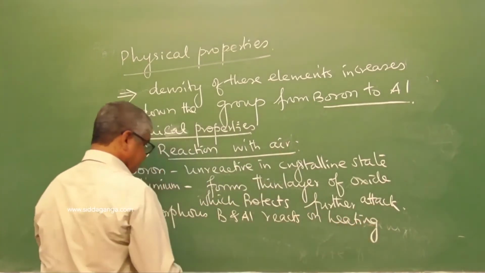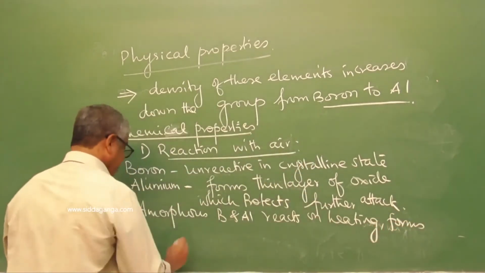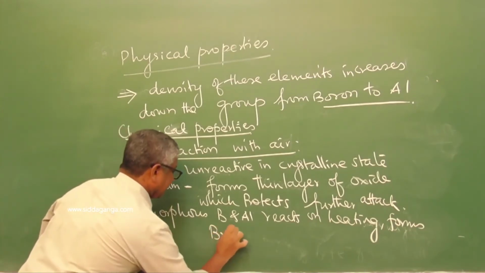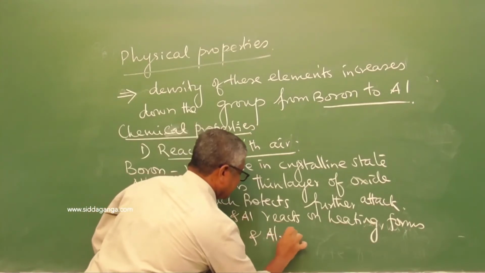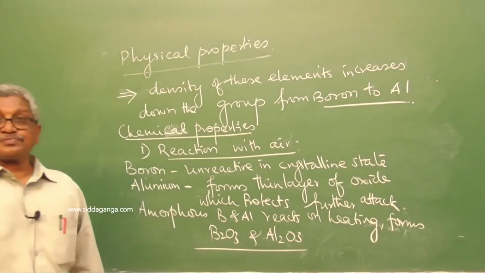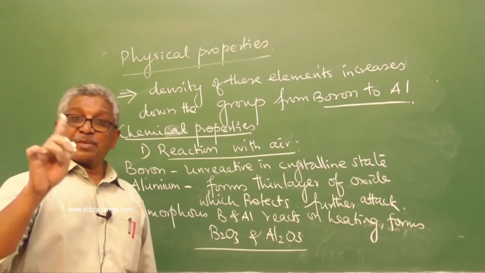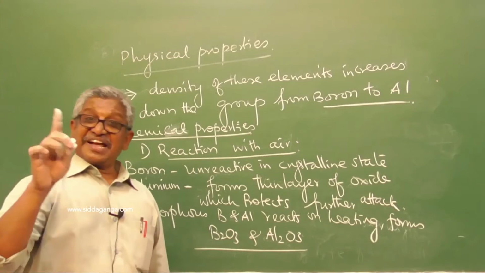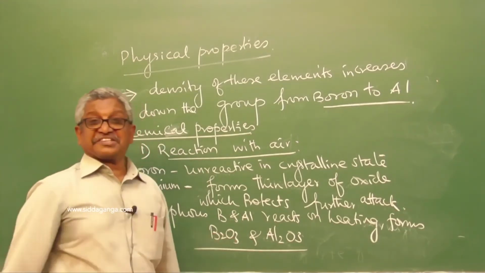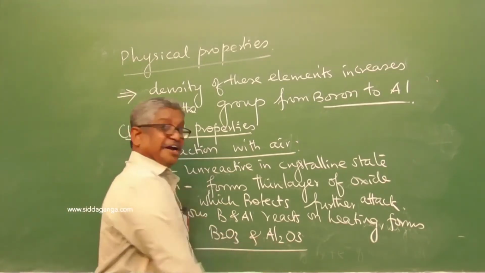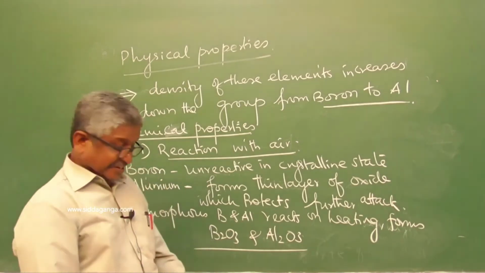Boron gives B2O3 and aluminium gives Al2O3. Boron and aluminium in amorphous state react with oxygen. Boron gives boron trioxide and aluminium gives alumina, Al2O3.